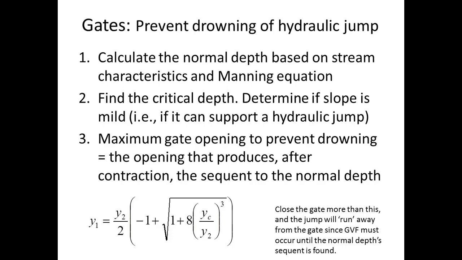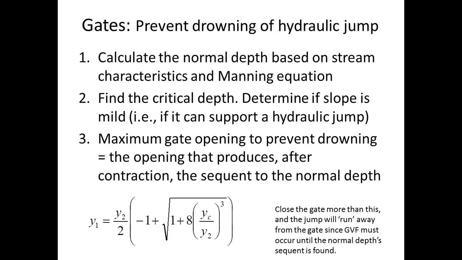A sequent of the normal depth, that just means, if we have a momentum depth diagram, so this is the momentum function M, and this is the depth Y, we're going to find out the normal depth downstream. It's going to be some normal depth based on Manning's equation.